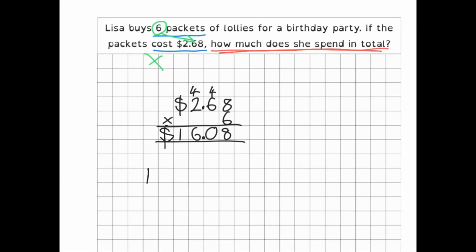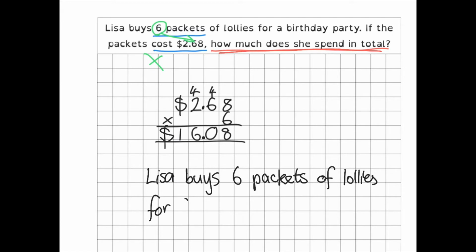So I could say, Lisa buys 6 packets of lollies for $16.08. And then it's important to go back at the end and check how reasonable our answer is.